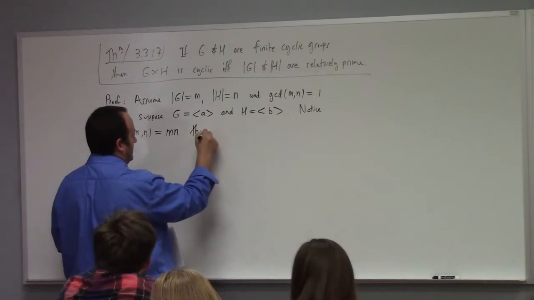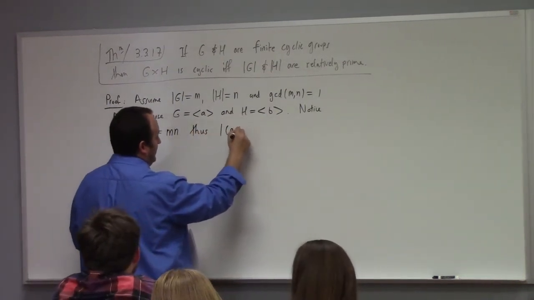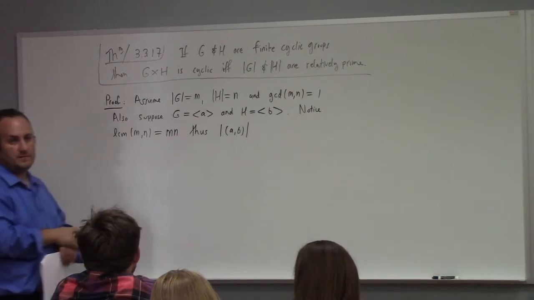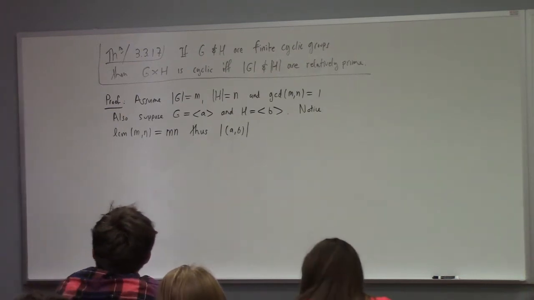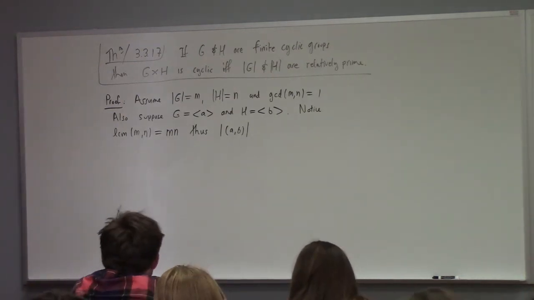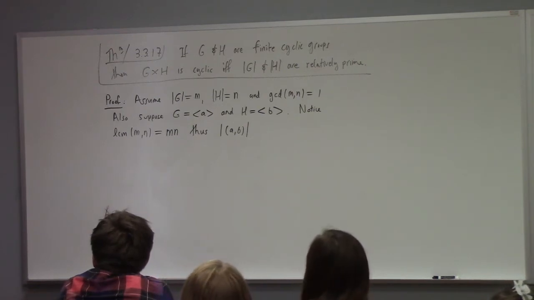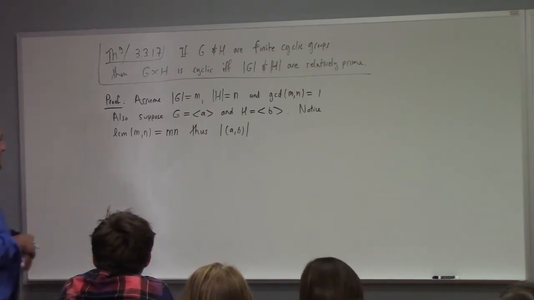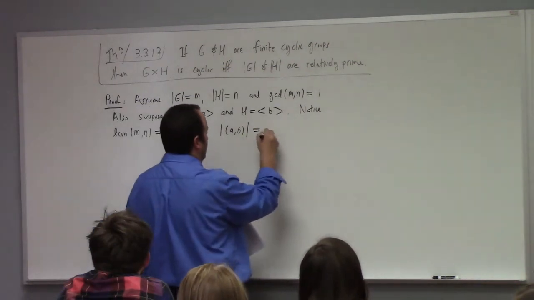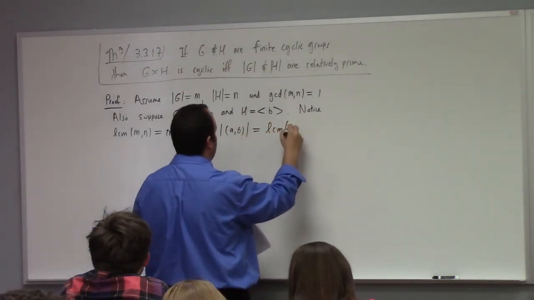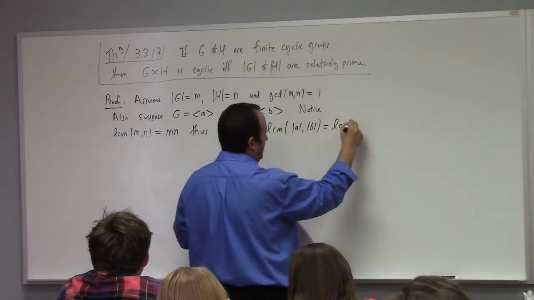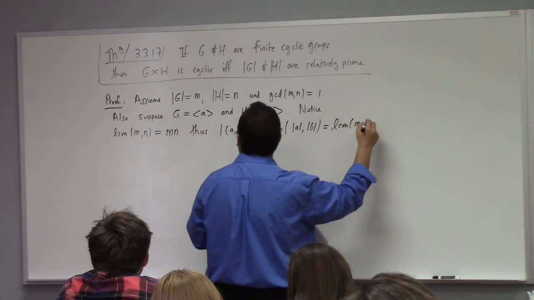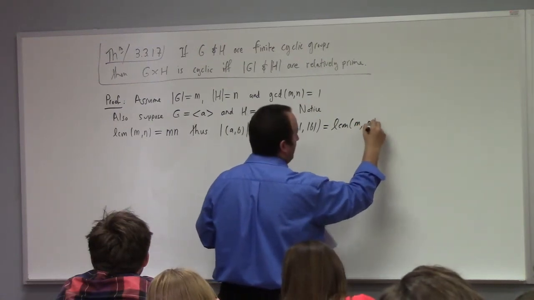Thus, the order of (A, B), as we proved last class, or at least I claimed it, is the least common multiple of the order of A and the order of B, but the orders of A and B are M and N respectively, which of course is MN.